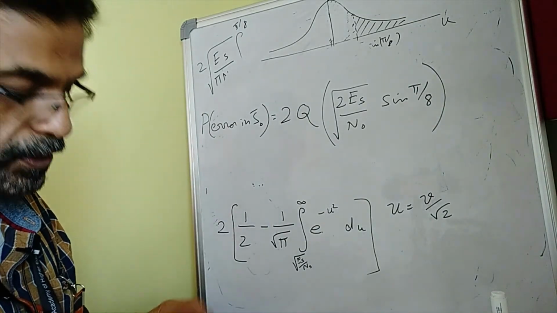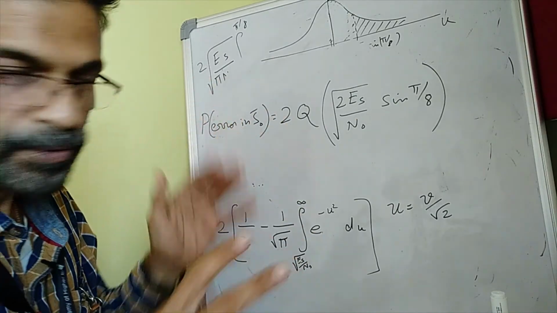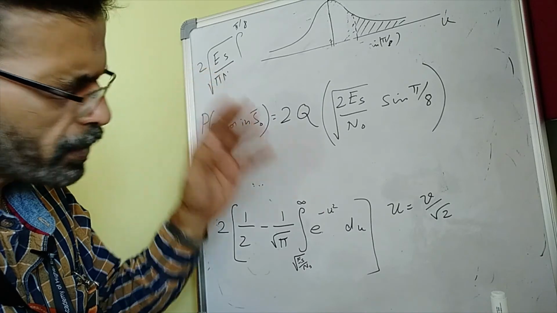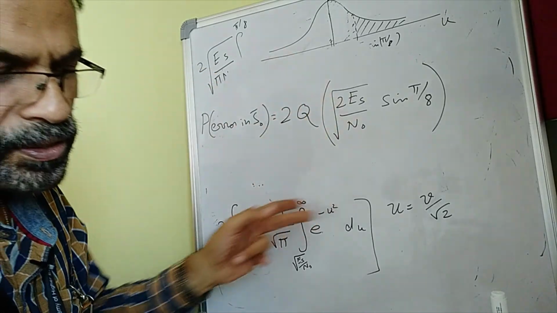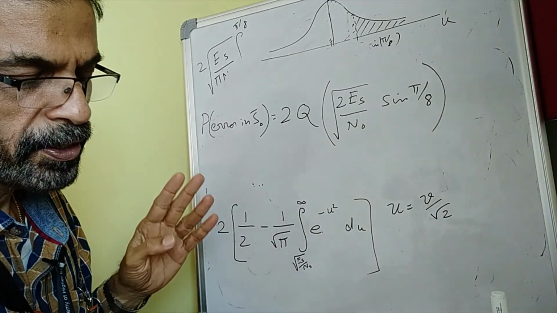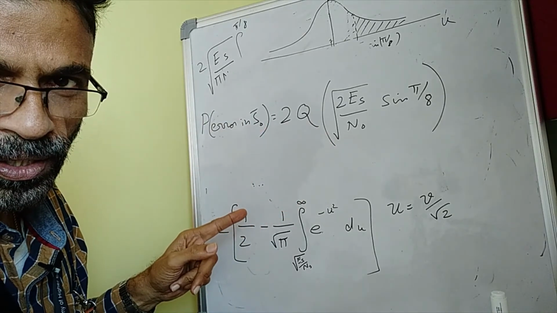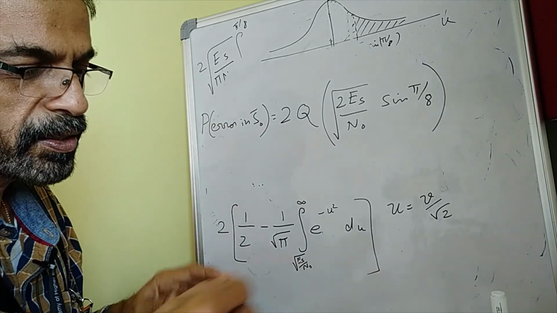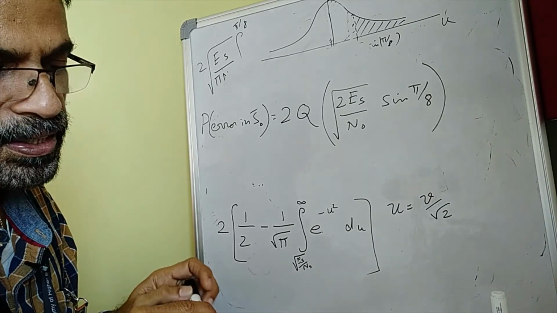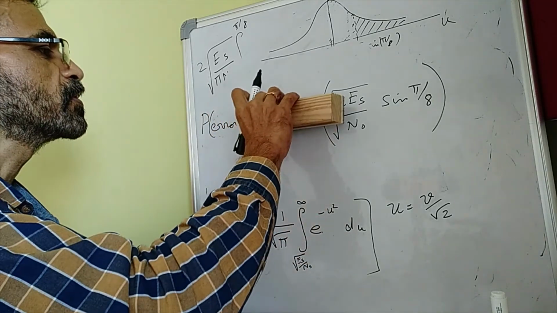Now, if you calculate the probability of error in detecting S1(t), you should get the same result because of the symmetry. If you calculate the probability of the receiver making an error in detecting any of the other 7 signals, be it S1, S2, S3 up to S7, you will see that it's the same as this, which means that the average probability of error will be the same as this.